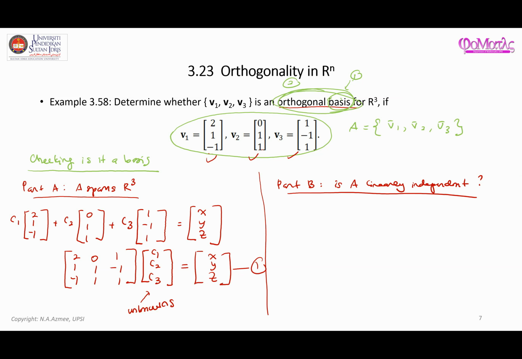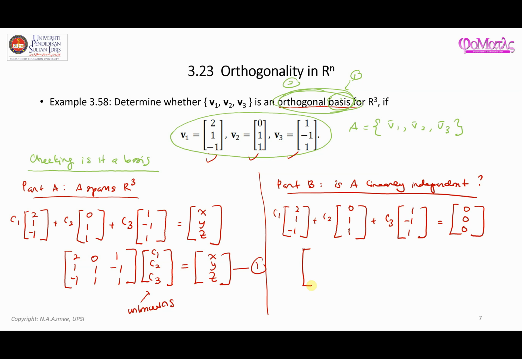Now for part B, we have a similar construction where you have C1 with respect to this vector, then C2, C3, and the difference is that here it has to be the zero vector, (0, 0, 0).